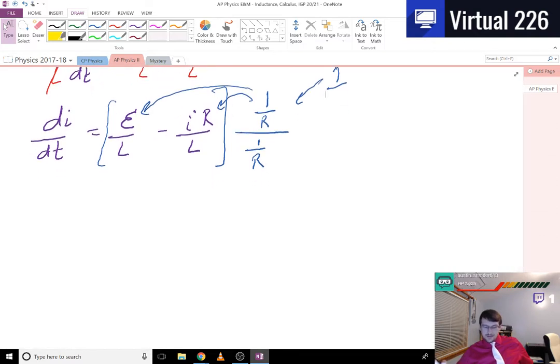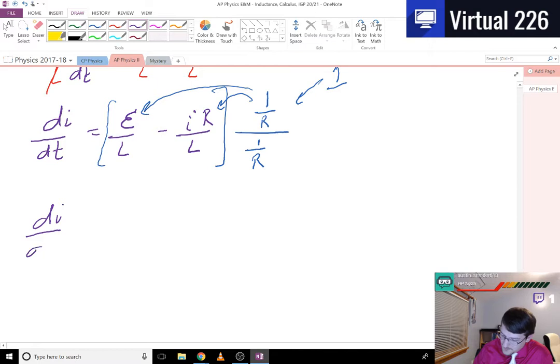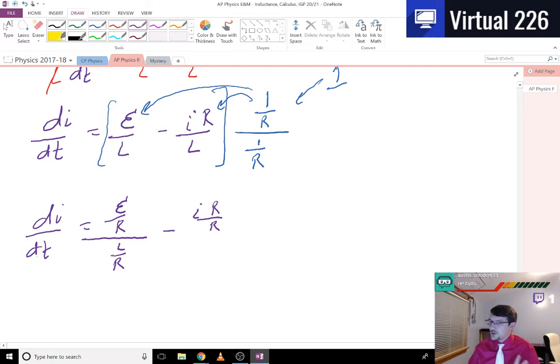But what I have done is, if I rewrite this, I've set something up for me to use. di/dt, like always, equals epsilon over r over L over r, minus I r over r, so now that r is going to go away from the I, divided by L over r.